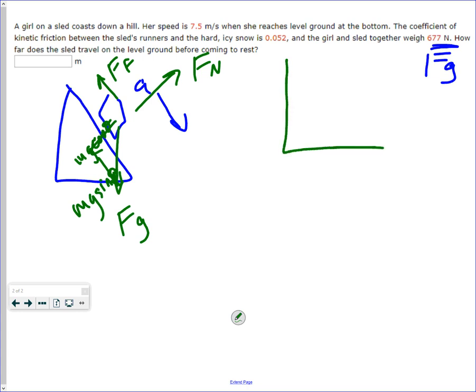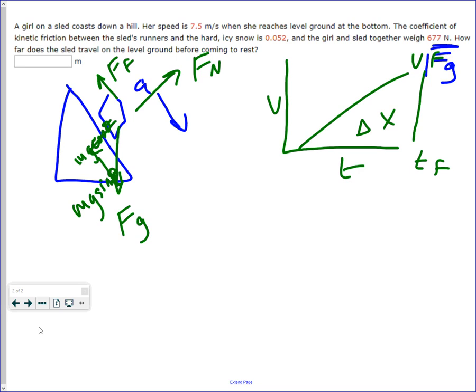That tells me I'm going to need a v-t graph, and it's going to look like that. Hopefully it starts at the origin for you. All right, we want to know how far she goes. We want to know the area under the curve. So we're going to need tf, and we're going to need vf for that. Using this stuff over here, I'm going to try to find the acceleration.